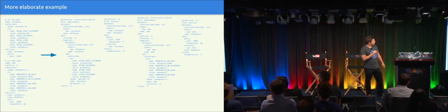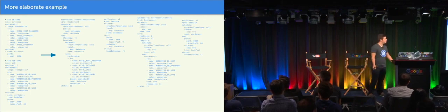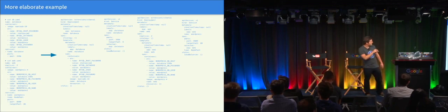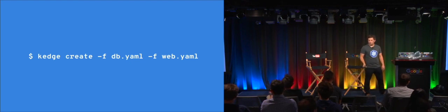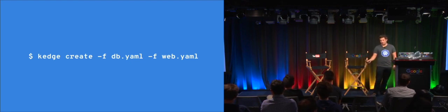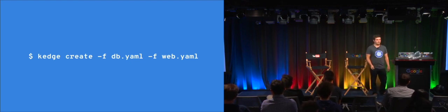And we're able to deploy this to Kubernetes to generate all these artifacts without having to worry about it. Basically simplifying the development process and not having to worry about spec, containers, environments. Just have this nice, simple YAML file. So you essentially do Kedge create, database and web, and off you go.